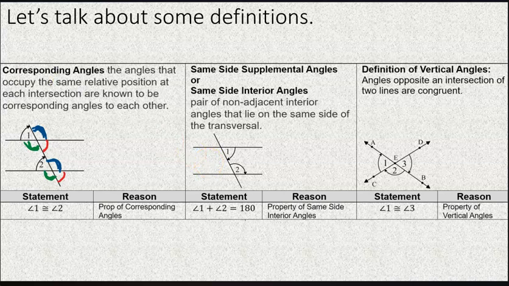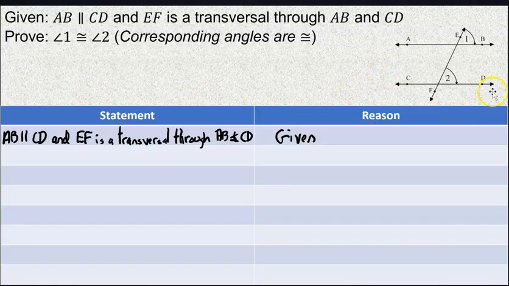I could create that right here. And I'm going to call this angle 3. So now I created same side supplemental angles. What I think I want to do here, creating my strategy first, is I want to use the transitive property.